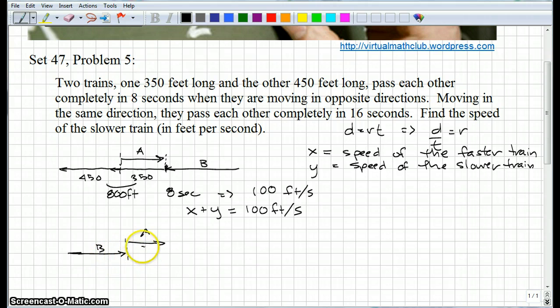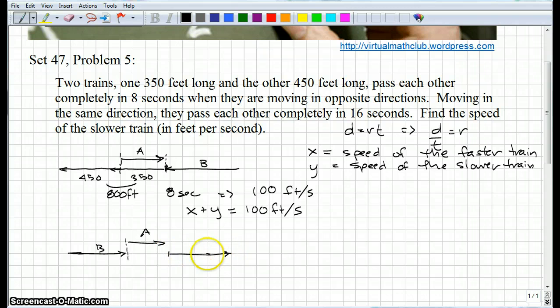So let's again imagine that train A is standing still, and train B is passing train A. Then, in order to pass train A, train B would have to travel... Let me try that again.